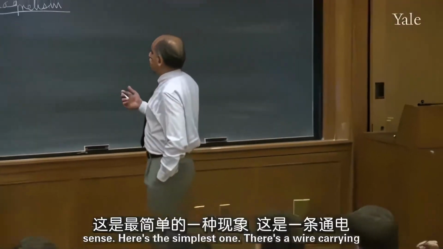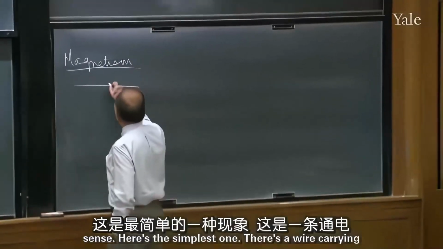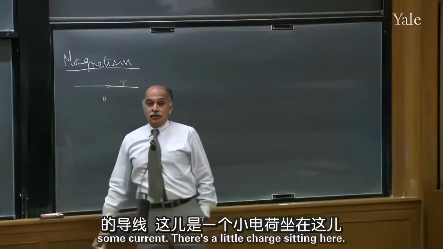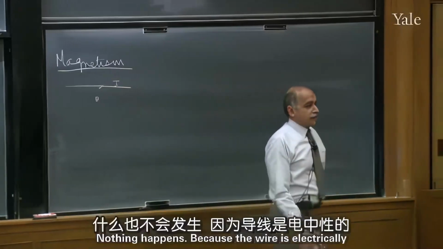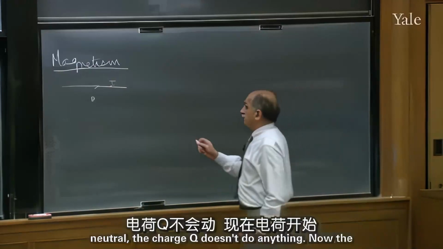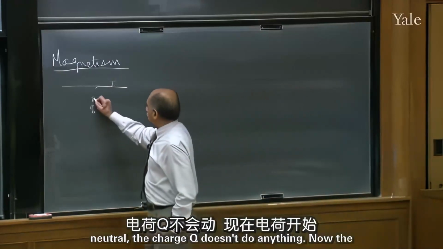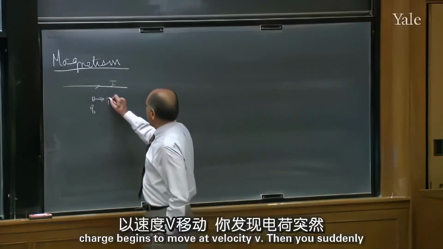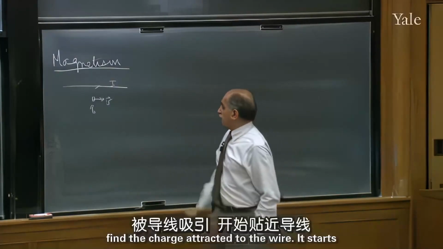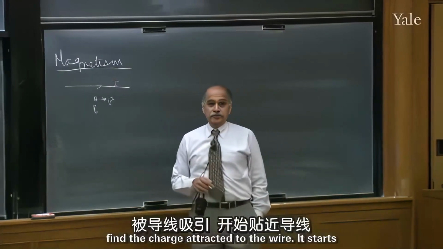Here's the simplest one. That's a wire carrying some current. There's a little charge sitting here. Nothing happens because the wire is electrically neutral. The charge Q doesn't do anything. Now the charge begins to move with some velocity v. Then you suddenly find the charge is attracted to the wire.